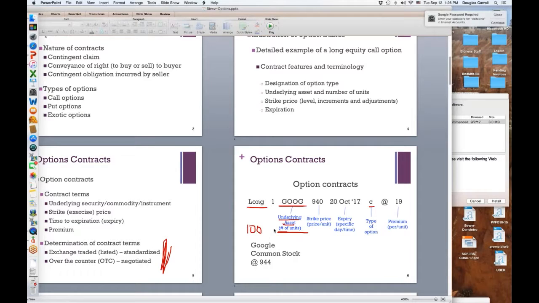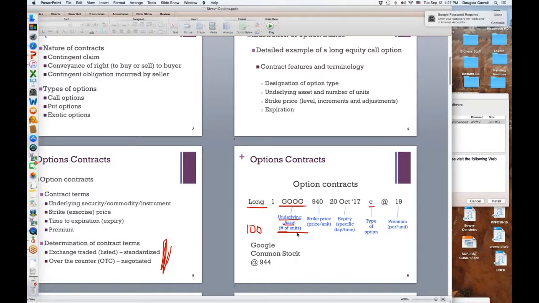Option contract terms will have to adjust to reflect that change in the company's capital structure. That's an interesting topic, but a little beyond the scope of what we're going to talk about today: the different ways exchange-traded options will be adjusted for a stock split.